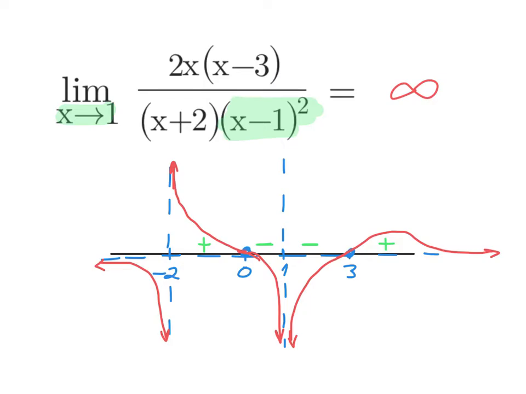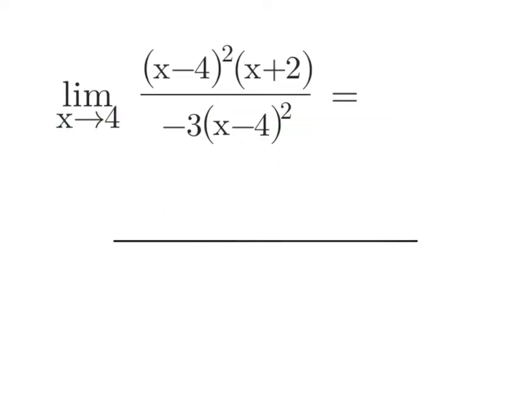However, when we look at the graph, if we approach 1 from the left or the right, what we were anticipating did actually happen. We do have an asymptote there. And because it's squared, both sides do go in the same direction, but they're both going down, not up. And so there is still an importance to coming up with the sign chart at the very least, so we can visualize the graph and recognize that this is going to go down forever, so our limit is actually equal to negative infinity.